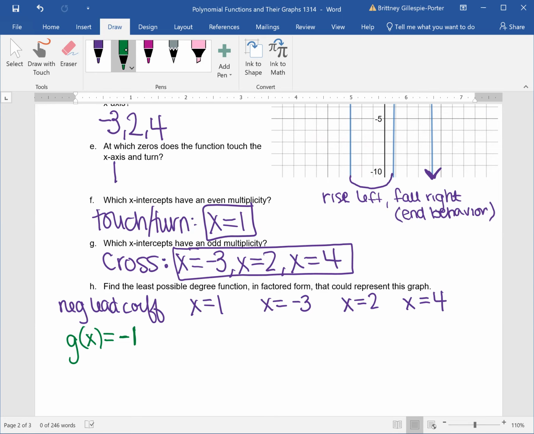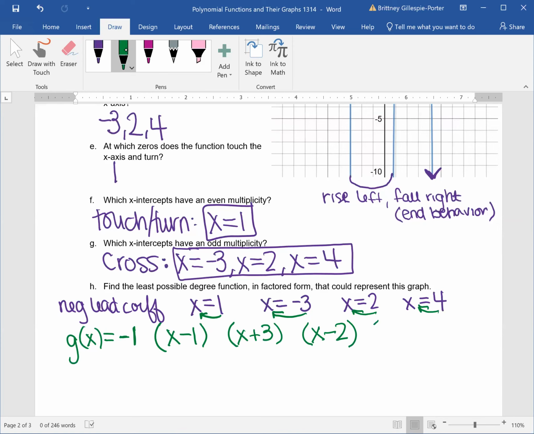X equal to 1 came from the factor x minus 1, because we're moving the 1 back over. X equal to negative 3 came from x plus 3, moving it back over. X equal to 2 came from x minus 2.